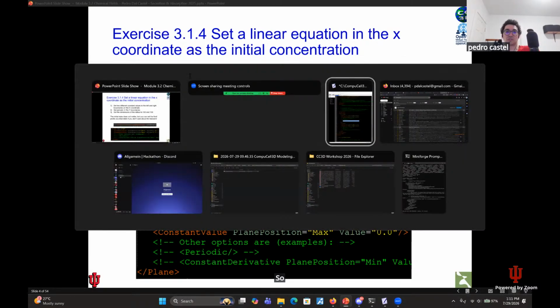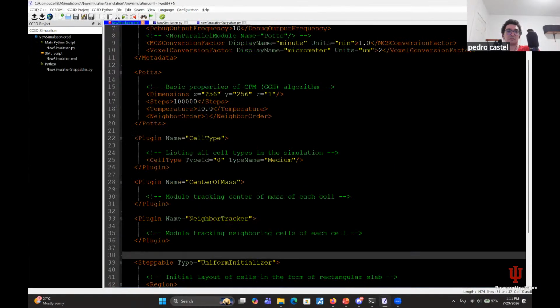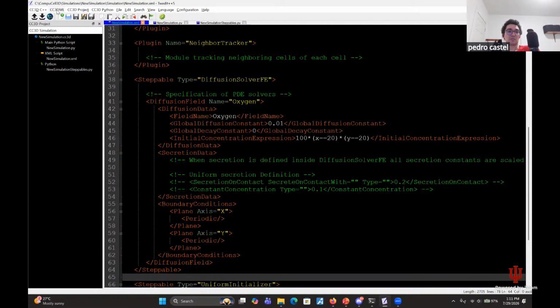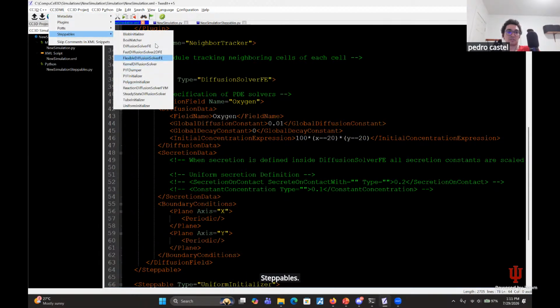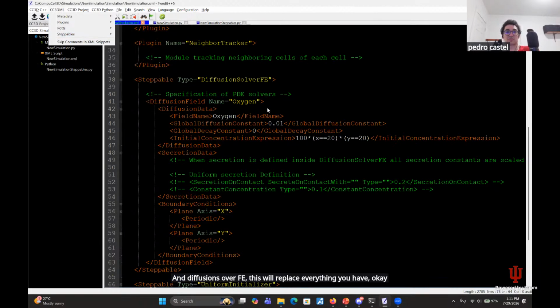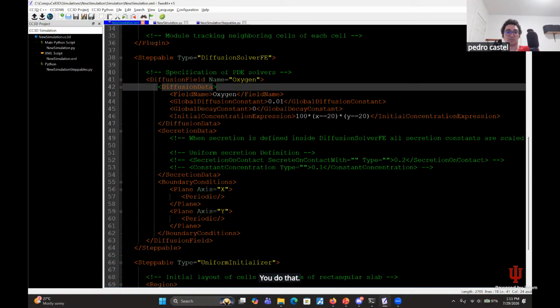So if you look at my screen here, you come here, CC3DML, steppables, and diffusion solver FE. This will replace everything you have, okay? So I do not recommend you do that. I recommend you change it right here.